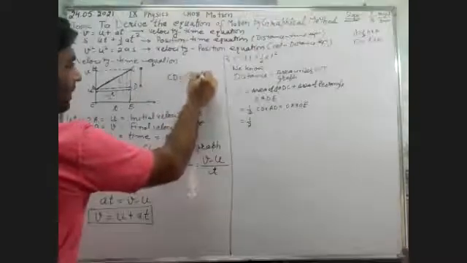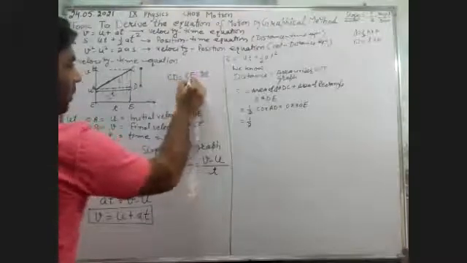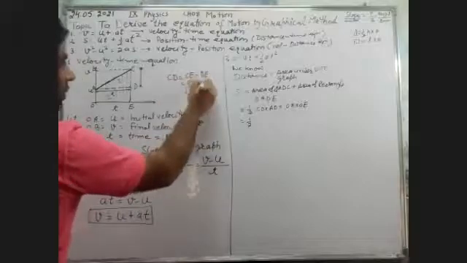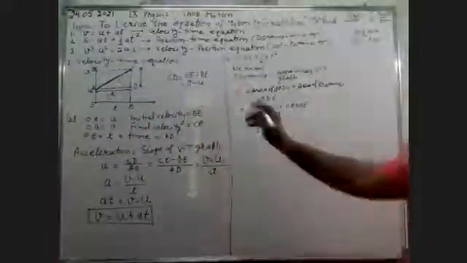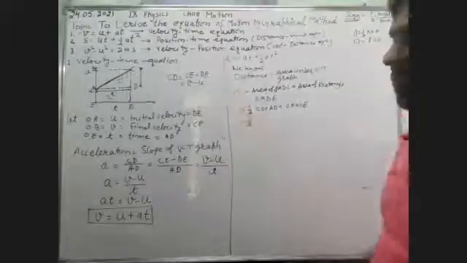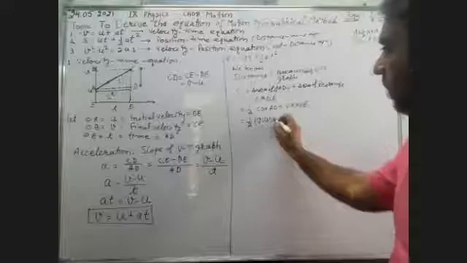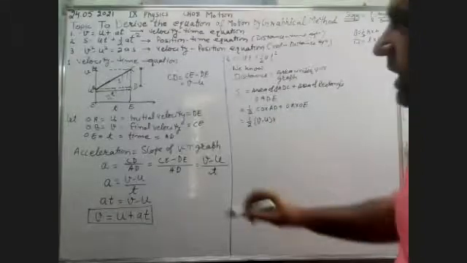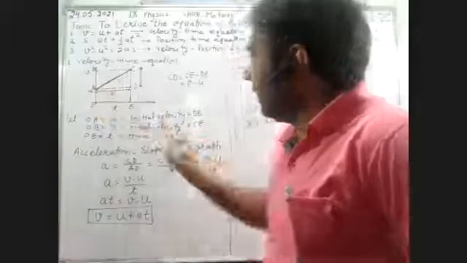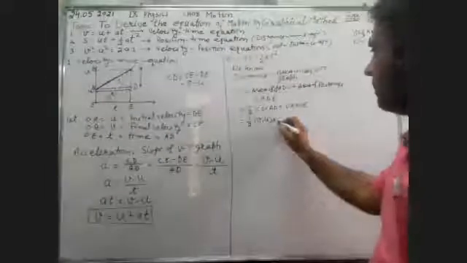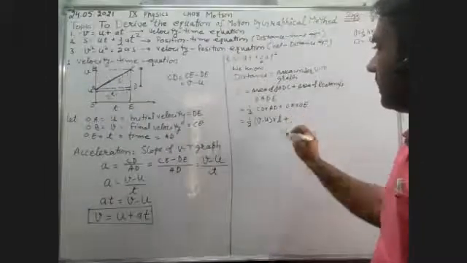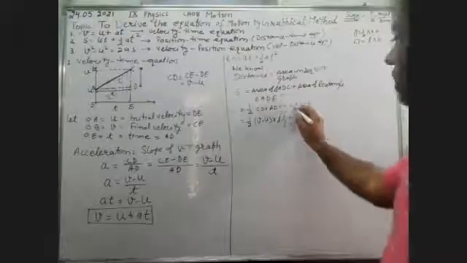What is CE? V. Minus what is DE? U. So we will use these terms. CD is equal to V minus U, multiplied by AD. What is AD? We already know that AD is equal to T, plus what is OA?